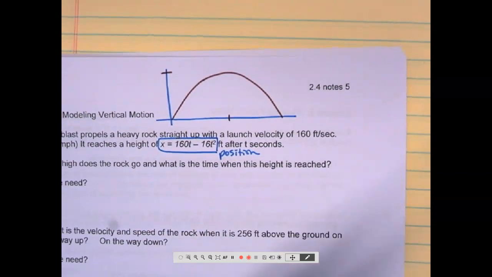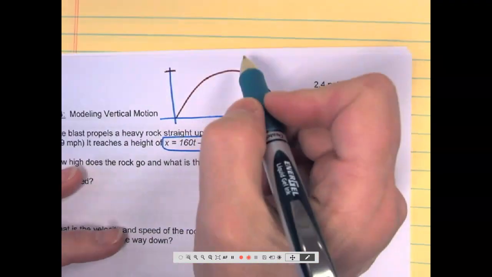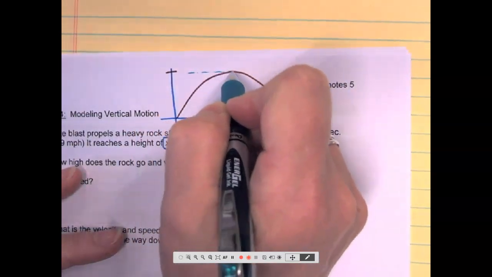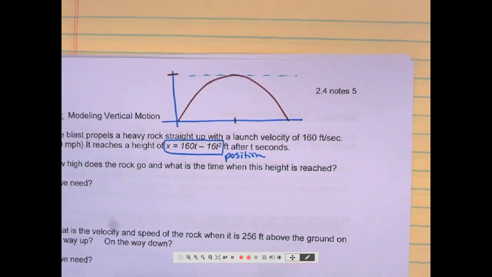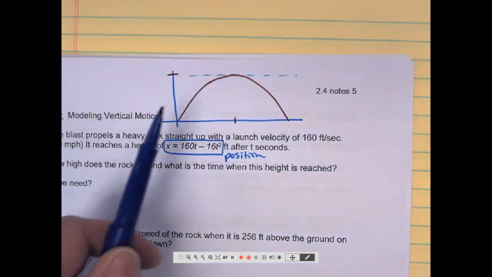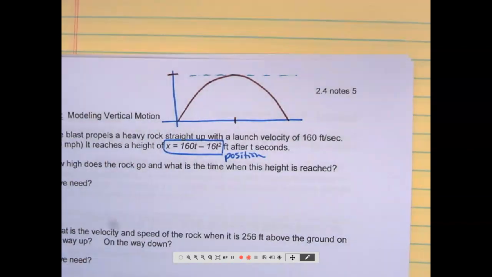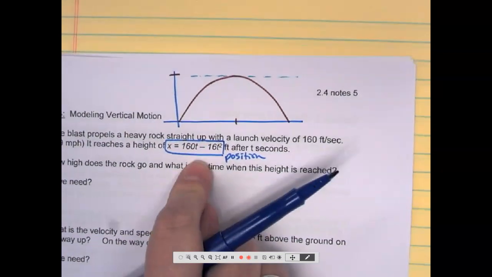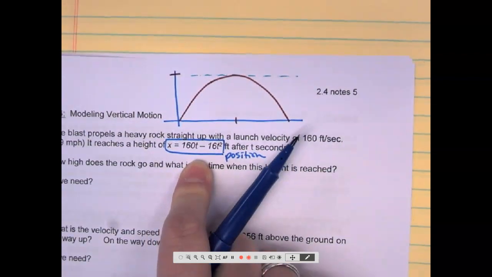Okay, think about what we've been dealing with lately, derivatives. When I reach the top, what's the derivative? What's the derivative at the top of that hill? What's the slope of that tangent? Zero. So if I could find where the derivative is 0, I would know the vertex. Okay, that's an easy thing to find a derivative of, isn't it?